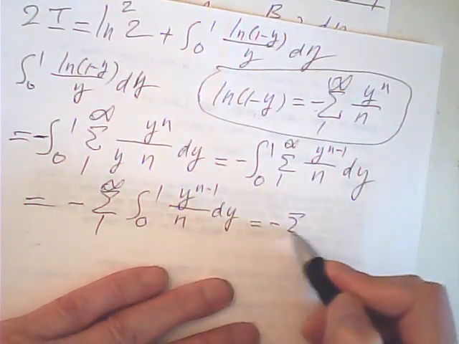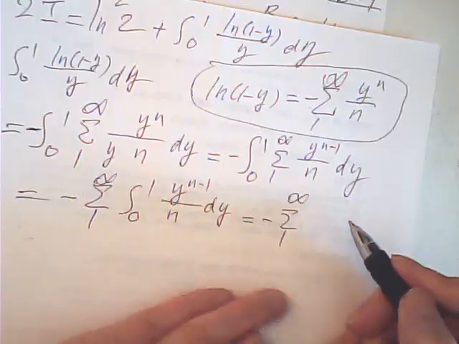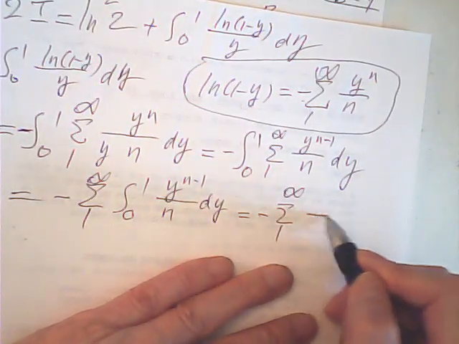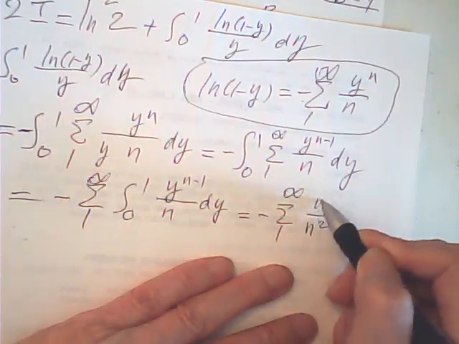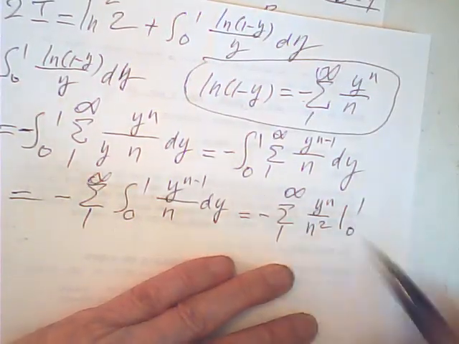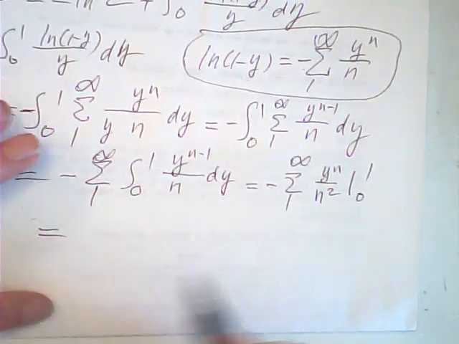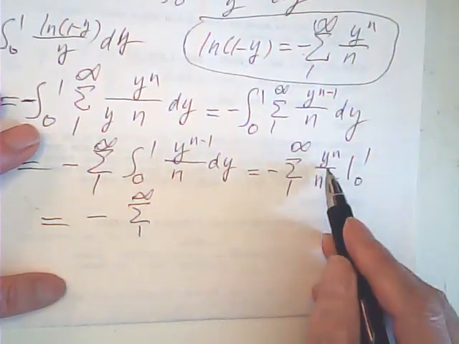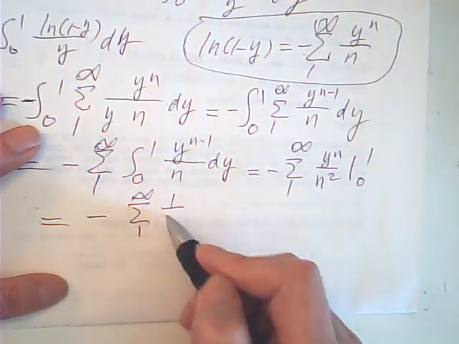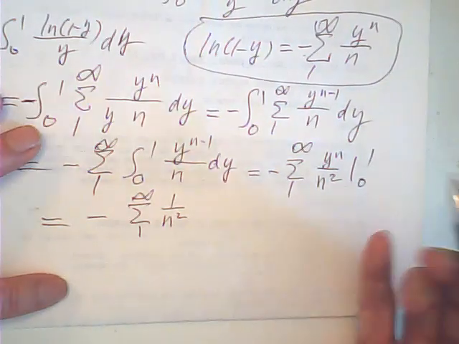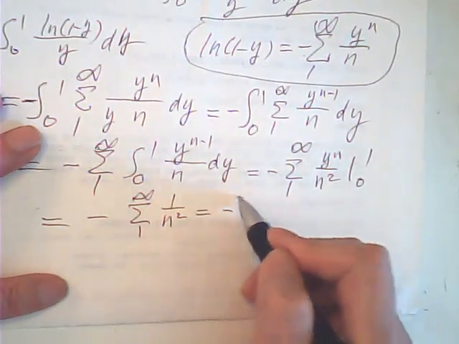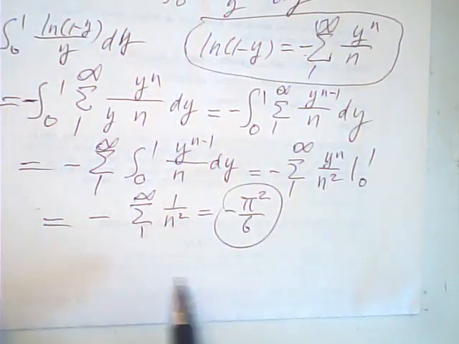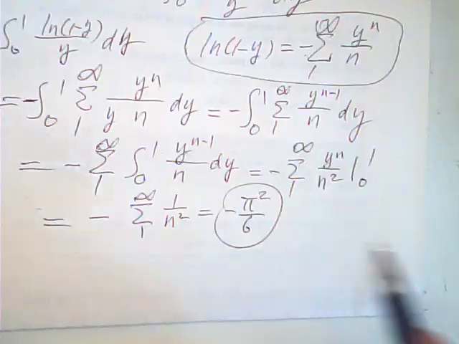It will be negative, y^n over n squared, from 0 to 1. So this one is equal to negative, the 0 is gone, so this is equal to negative pi squared over 6. That is Basel.